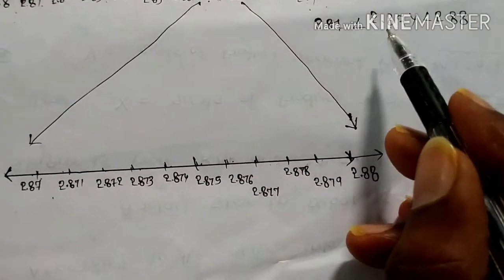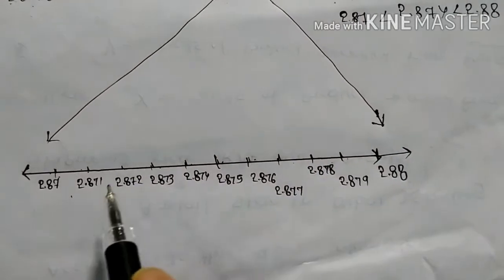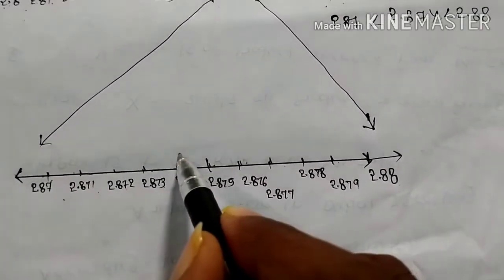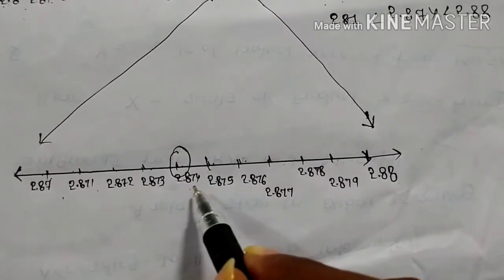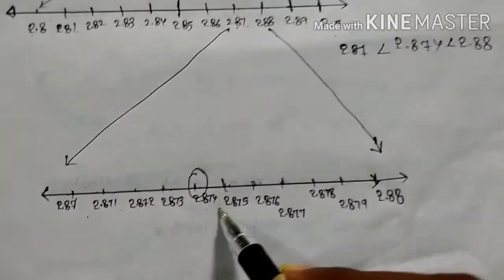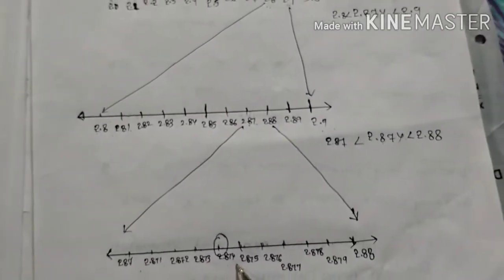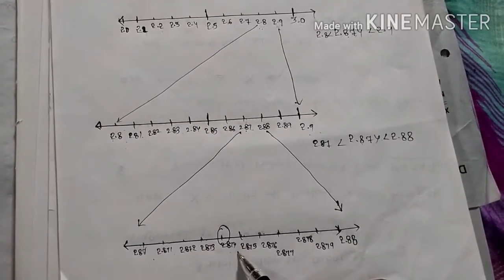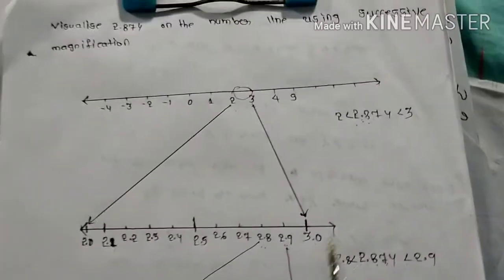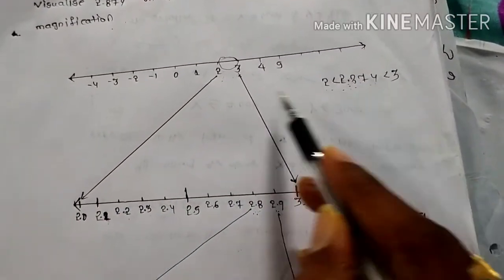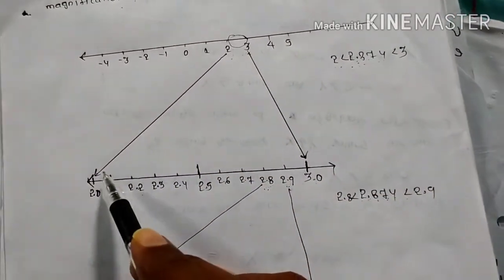Now you can see here 2.874. Where is 2.874? It is 2.871, 2, 3, 4. This is the successive representation of our rational number, that is, this decimal number. First, 2.874 lies between 2 and 3, so we divide 2 and 3 into 10 equal parts.